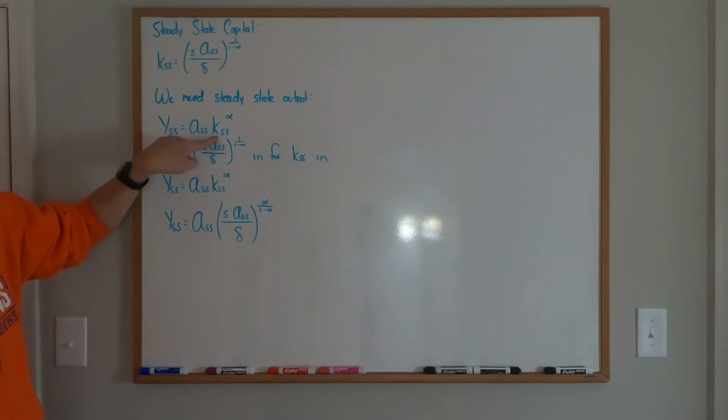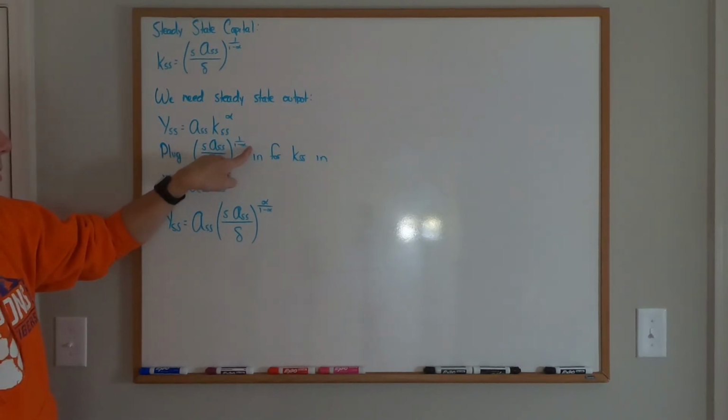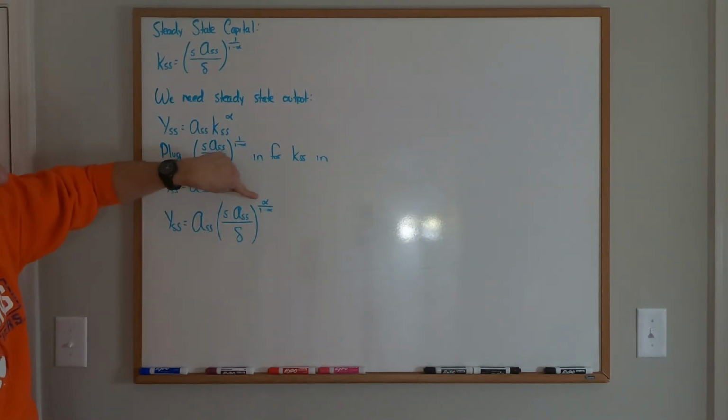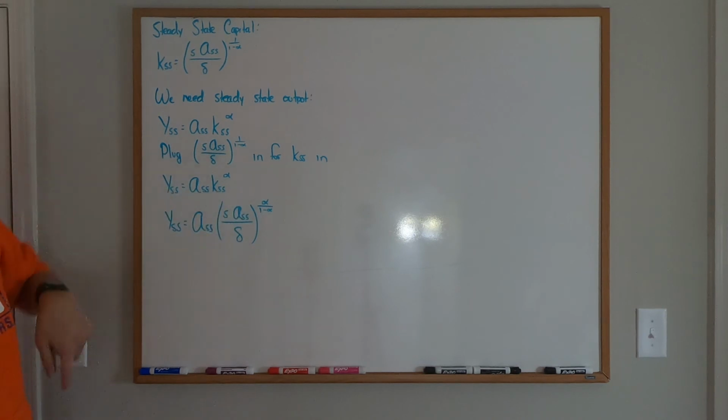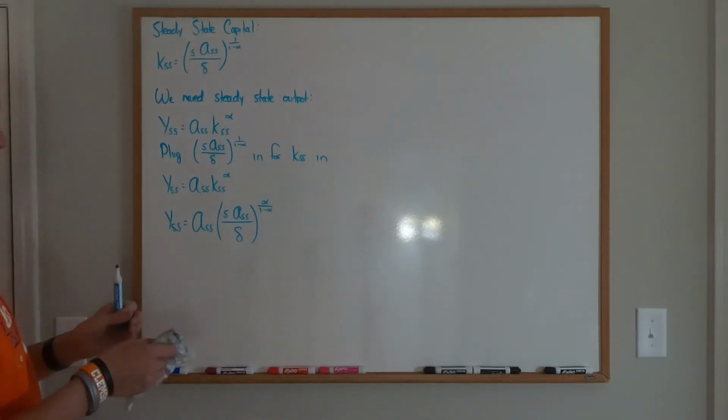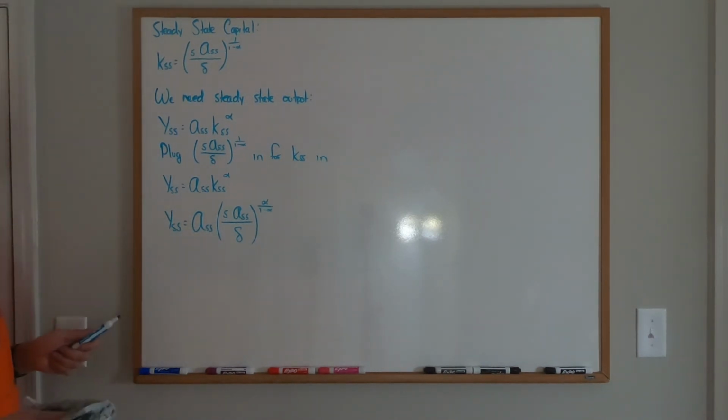Right, but for production, capital is raised to the power of alpha. So if I have something to the power of 1 over 1 minus alpha raised to the power of alpha, what I get is alpha over 1 minus alpha. And this is the mathematical expression of steady state output in the Solow model.